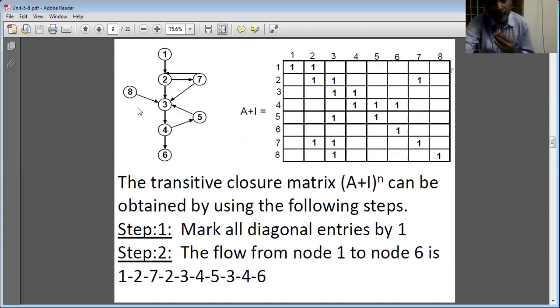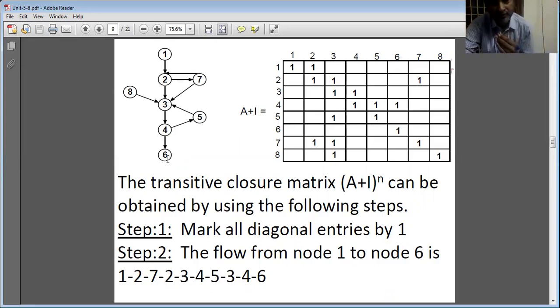Then from 2, 2 to 3 is 1 and 2 to 7 is 1. From 3, 3 to 4 is 1. From 4, 4 to 5 and 4 to 8 are 1. From 5, 5 to 3 is 1.